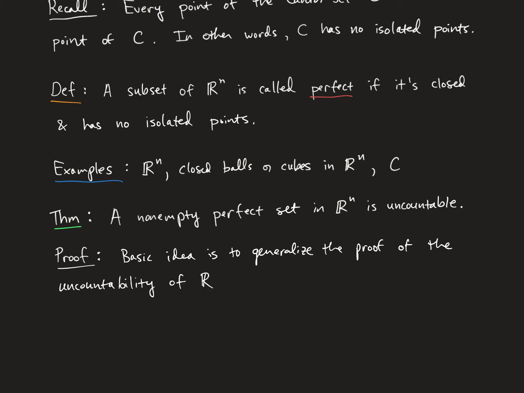It's not the diagonalization argument that we originally used. It's the somewhat more rigorous argument using the nested interval property. So the basic idea is to generalize the proof of the uncountability of R using the nested interval property.